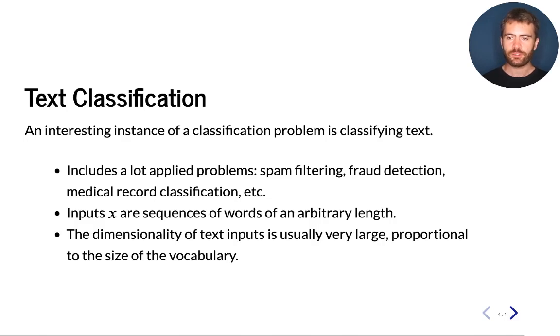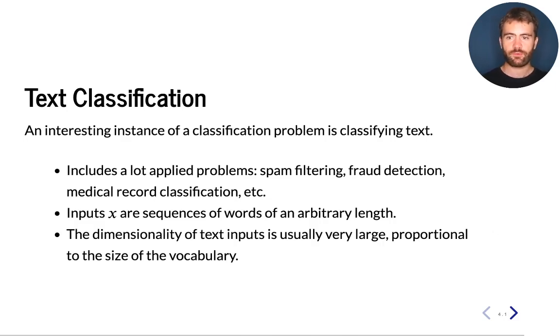Analyzing medical records and classifying them into, for example, whether the patient is healthy or not healthy. These are all interesting examples of text classification, and this is a problem that is very often found in practical applications of machine learning.